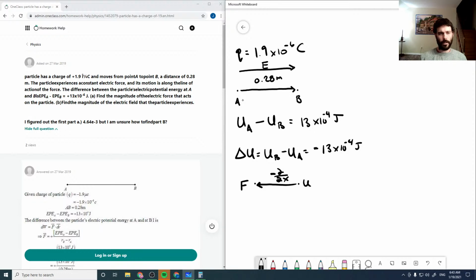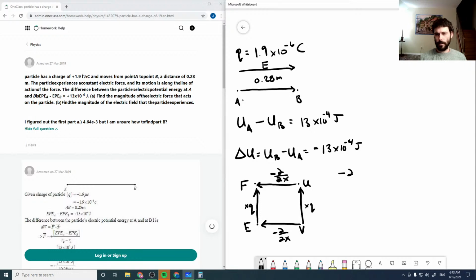And we're also asked to find the magnitude of the electric field. And so moving from electric field to force, we multiply by charge. And then the other side of this square is the potential, which I'm just going to fill in for completion, like that. So this is kind of the square I use to remember all this.